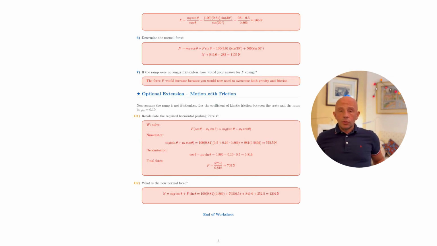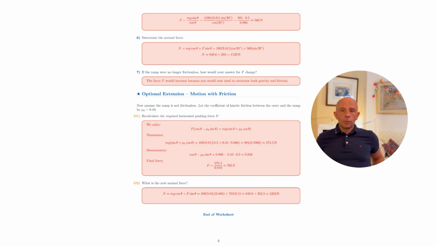So turning to page 3, we see the calculation for F. We rearrange the equation from the previous page to F equals mg sin theta over cos theta, which is mg tan theta. Plugging in the values, 100 kilograms, 9.81 for g and 30 degrees for the angle, we get the final answer of approximately 566 newtons. Next, in task 6, we determine the normal force.